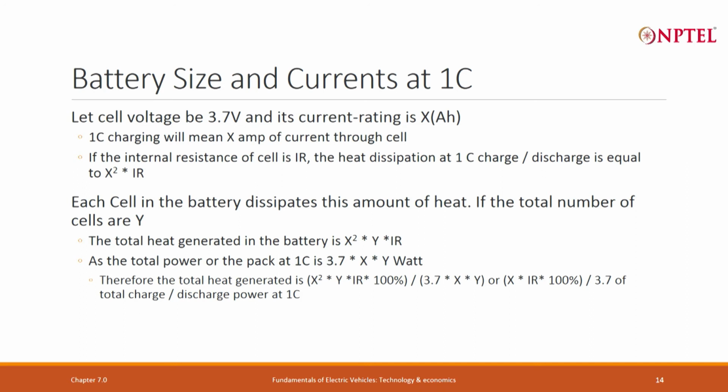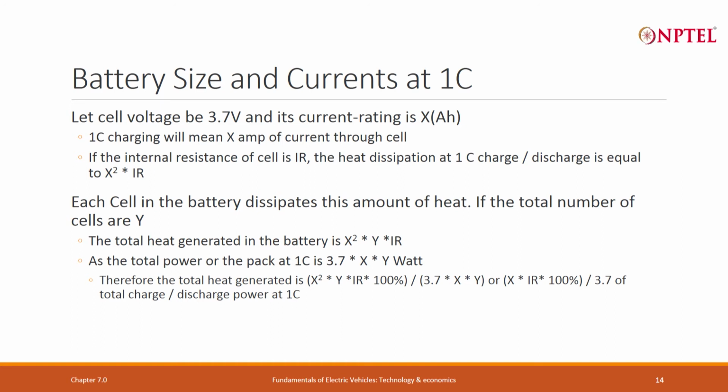The other important thing that we need to consider is battery size and currents at 1C. Let us say the cell voltage is 3.7 volt and let us say its current rating is x ampere hour. The battery cells are 3.7 volt, that is very typical for a lithium-ion battery, almost all of them are 3.7 volt. That is a nominal voltage.